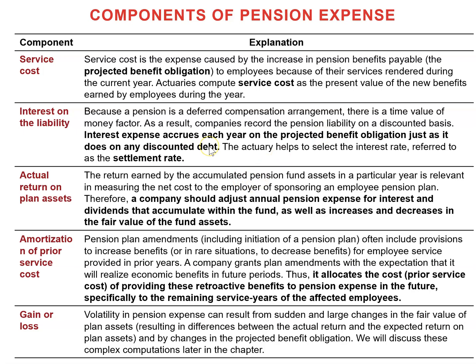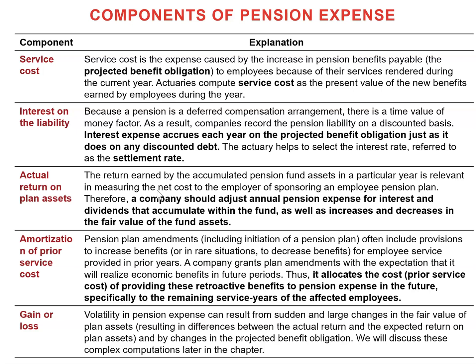So interest is basically the balance of your PBO multiplied by the interest rate estimated by the actuary. And then we will also see the return on plan assets. This return on plan assets is the return that the plan makes from the investment of those funds.